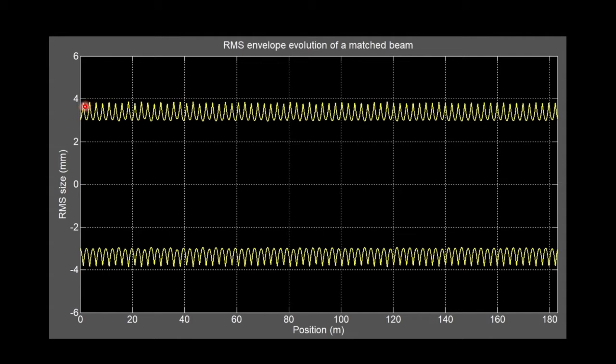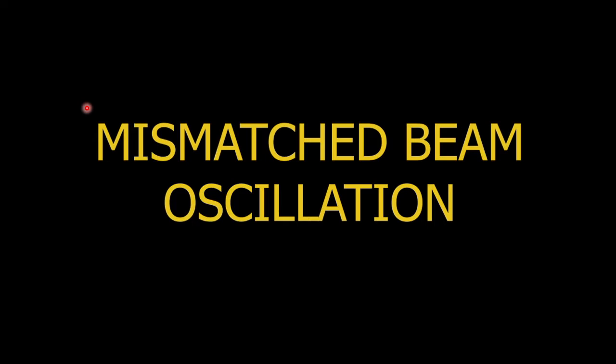Now let's see what happens when you do not have a beam with a matched beam radius in this lattice, and we introduce a beam mismatch of say 50%, the case that I showed you earlier. I'll now show you the animation that demonstrates the propagation of a mismatched beam in the lattice that we have chosen with an initial mismatch of 50%.